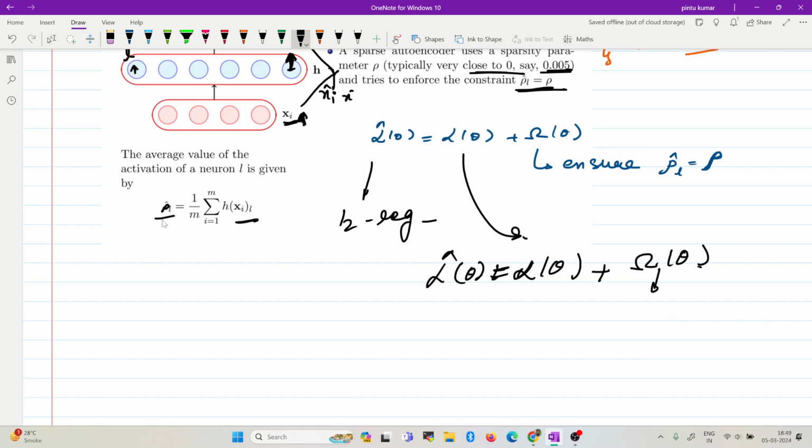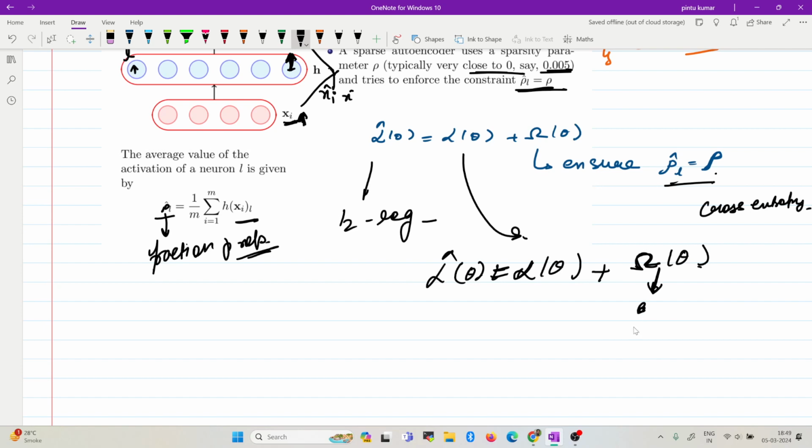So if you see, this rho L is a fraction, or you can say it is the probability of a neuron firing, right? So what is the best way you can compare probabilities is something known as cross entropy that we have done in previous classes. So this sigma of theta is nothing but cross entropy between this rho L and rho.